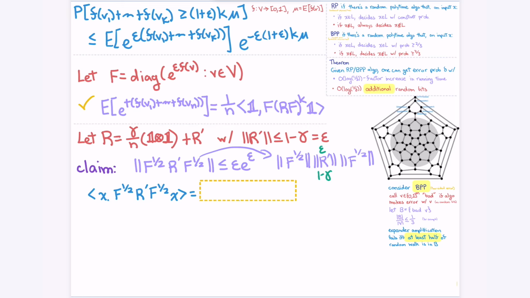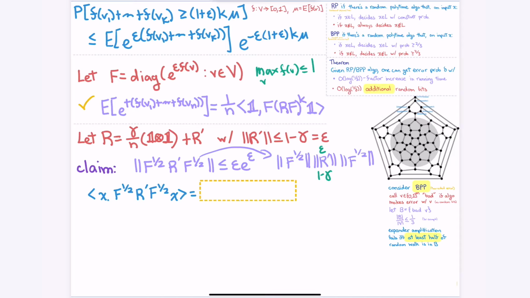What's f to the 1/2? That's the square root of all the prizes, right? So it's a diagonal matrix. So what's the biggest eigenvalue? The largest prize, exponentiated, but it's to the 1/2. So it's going to get divided by 2. Now I want to point out that the maximum fv is at most 1.